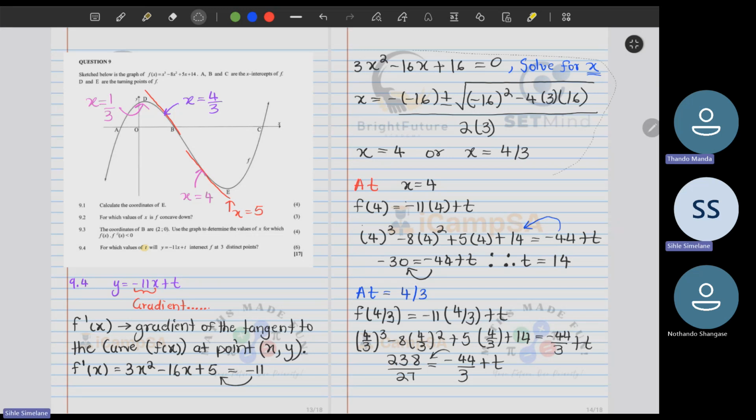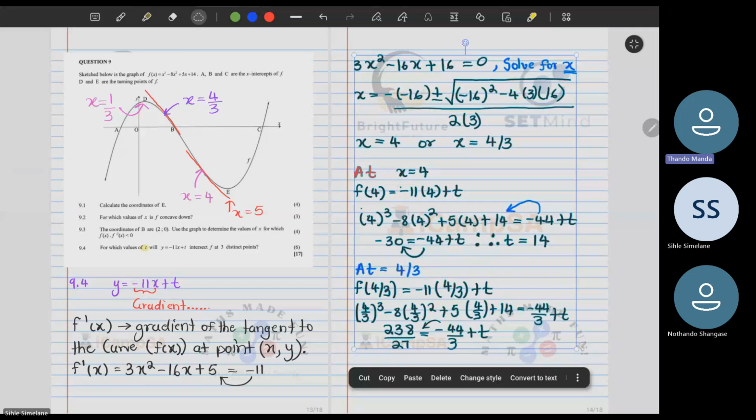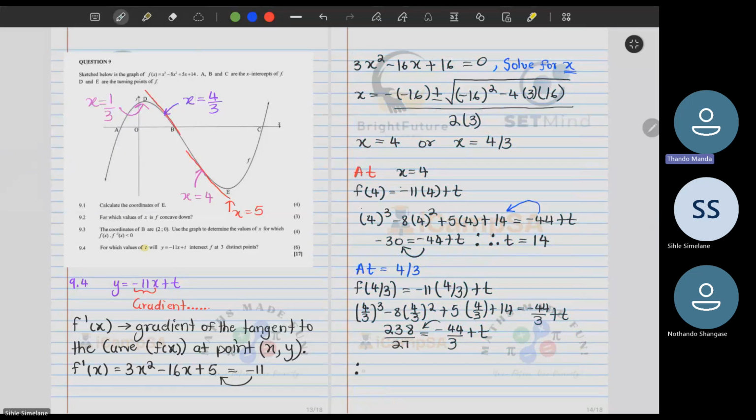Add 44 divided by 3. 634 over 27. Okay. So you're getting t to be equal to 634 over 27. What is that in decimal places? 23.48.